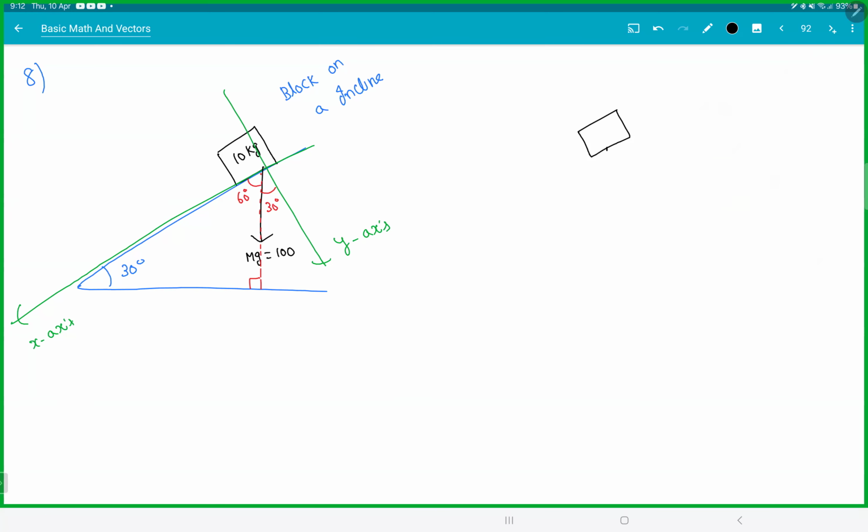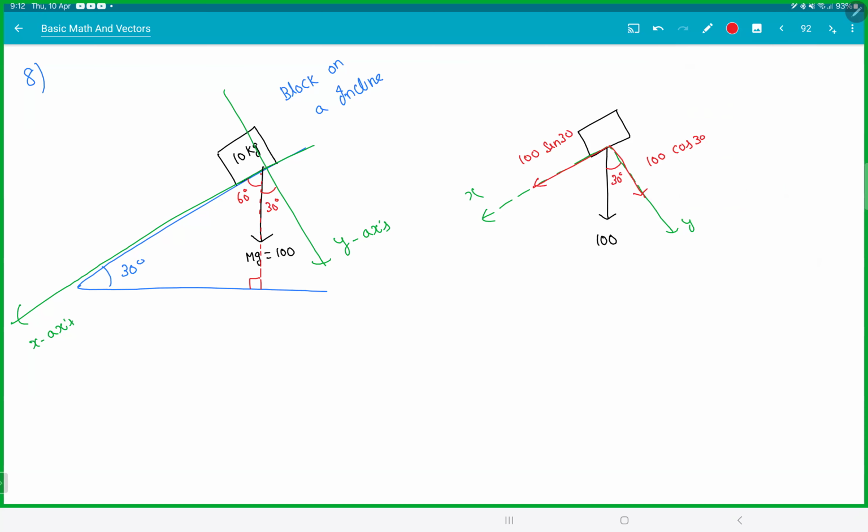We have a weight vector of 100. This is your x-axis, this is your y-axis, and this angle is 30. You can take any angle, it doesn't matter. Now who is the adjacent side? The y-axis is the adjacent side. So 100 cos 30. The opposite side will be 100 sine 30.